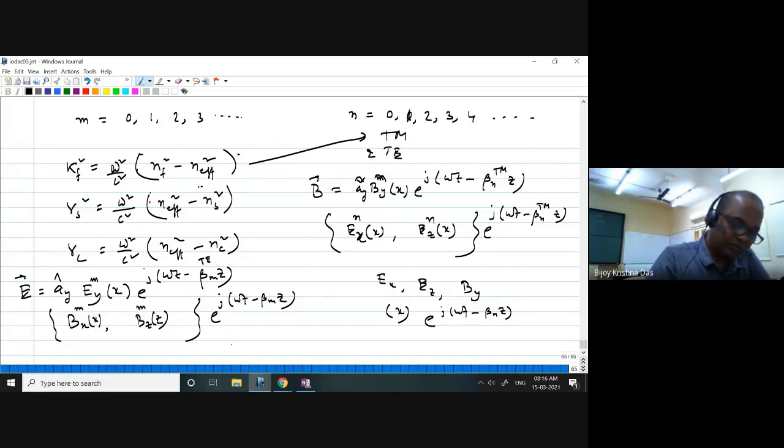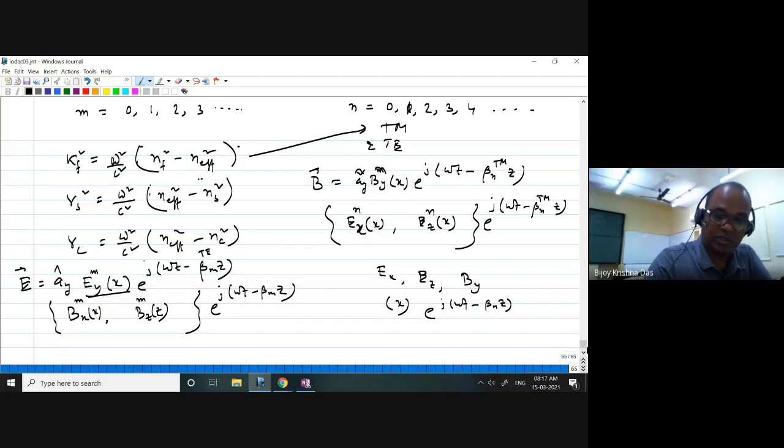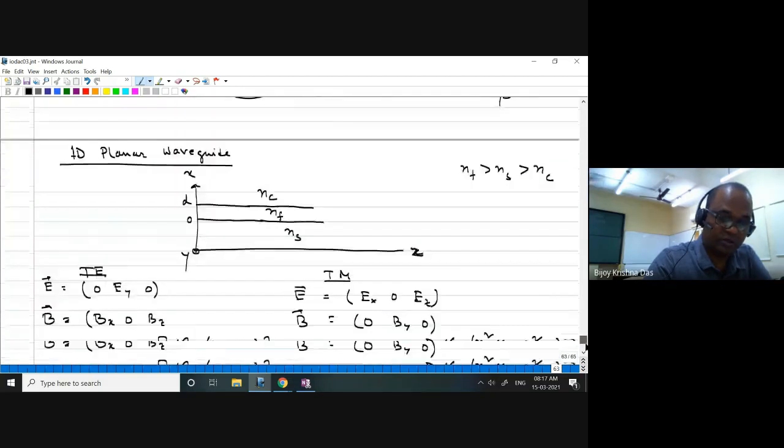Now the question is, we have somewhat solved, we know how to solve this x dependent different mode, and beta was still unknown, but beta can be solved from this dispersion relation, whatever we have discussed here.